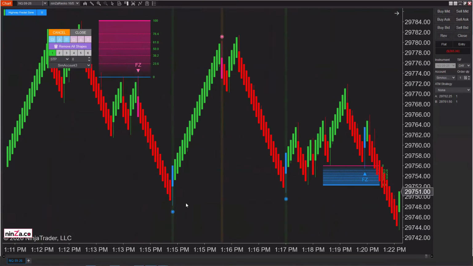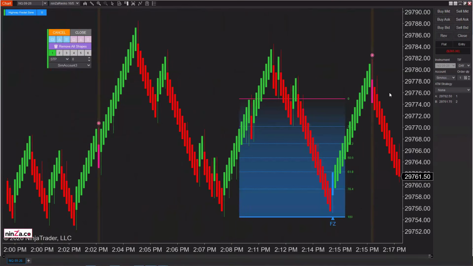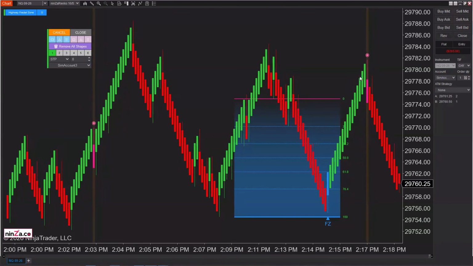Just get out when you see this, because chances are there's going to be a retracement up. Now this is no longer the fractal zone. This one is done, but you see how effective it is from this long. You see this pink, you need to get out. Okay. All right. Let's go back to the slideshow.